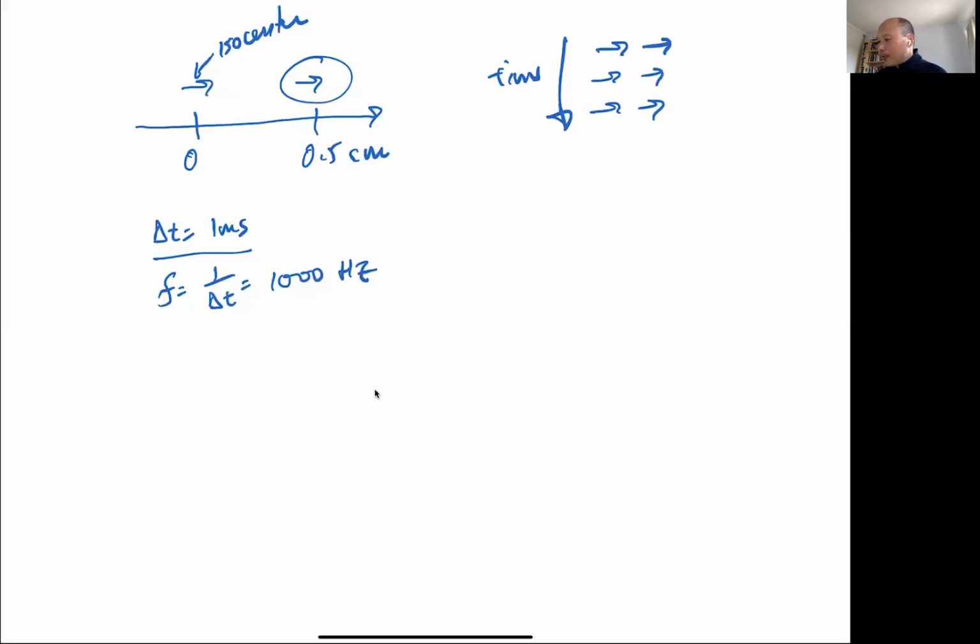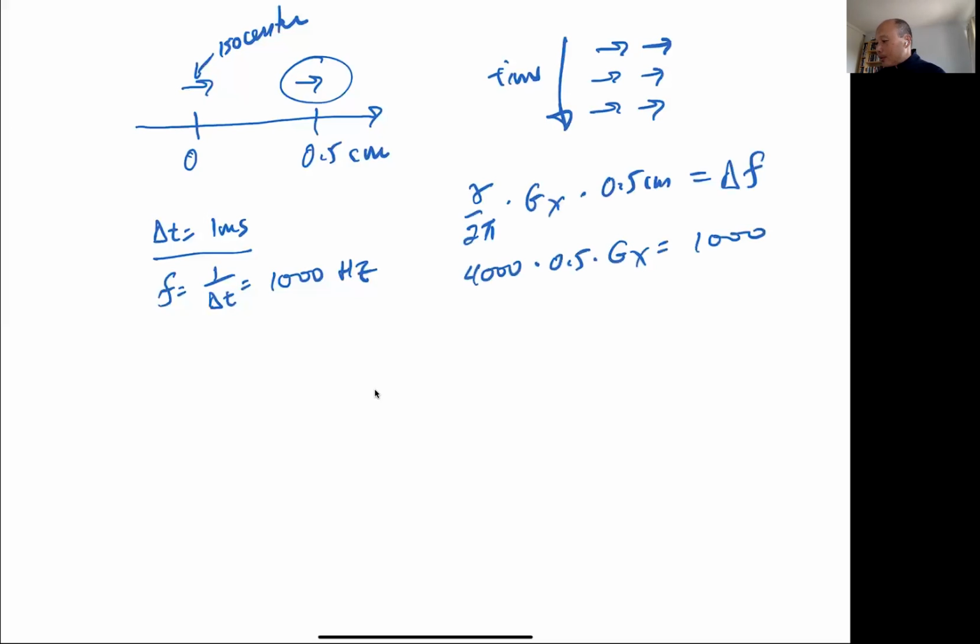So let's figure out what the gradient amplitude is for 1000 hertz. So we'd have gamma over 2 pi times gx, or g times 0.5 centimeters. That's going to give me my offset frequency. Okay, so I have 4000 times 0.5 times gx equals 1000.